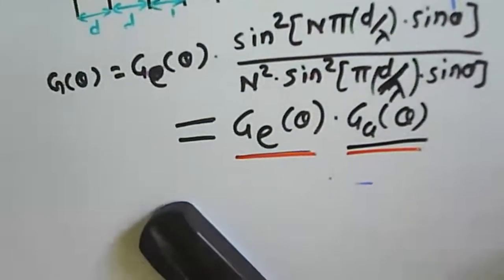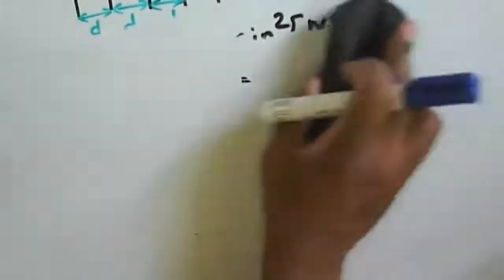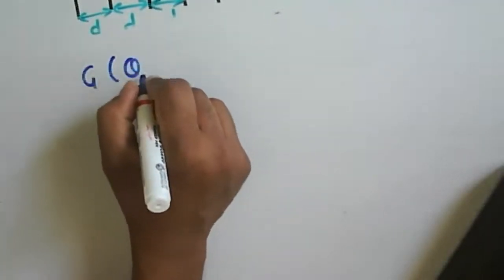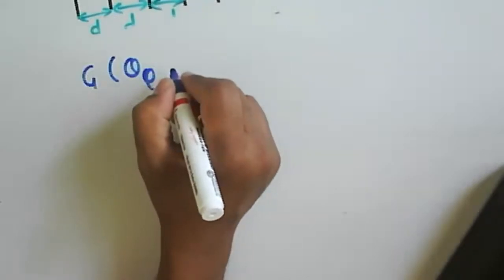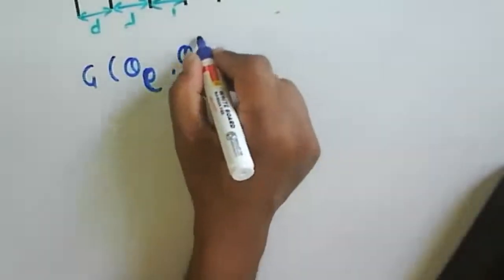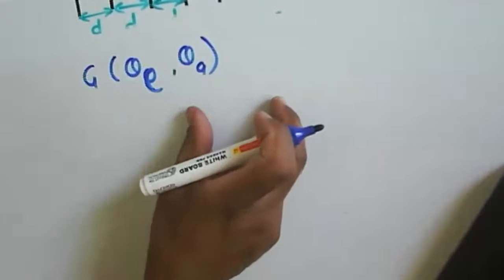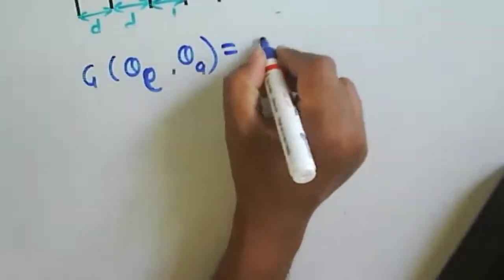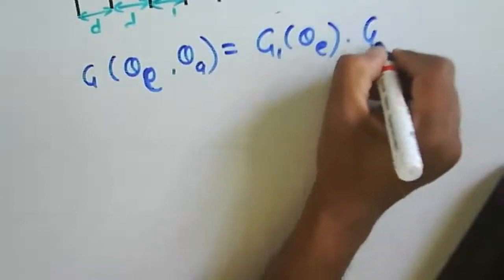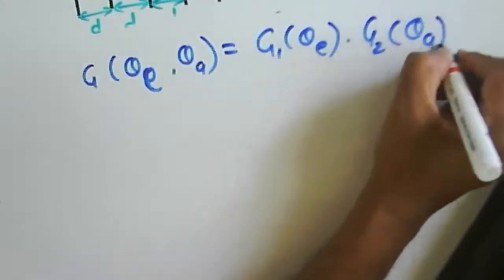But if it is a two-dimensional array pattern, then instead of g of theta we write g of theta e and theta a, which is equal to g1 of theta e into g2 of theta a.